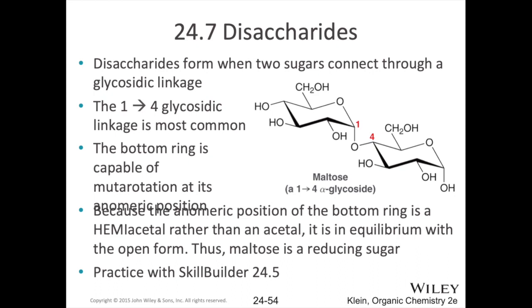Now, I mentioned earlier that a glycoside is the acetal version of the cyclic hemiacetal ring form of your monosaccharide. In that, we took an alcohol and reacted it with our hemiacetal to convert it into the acetal.